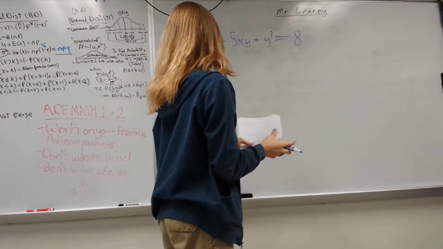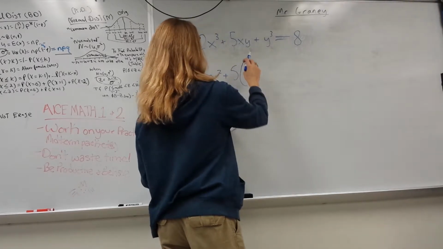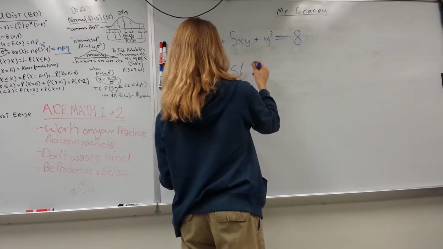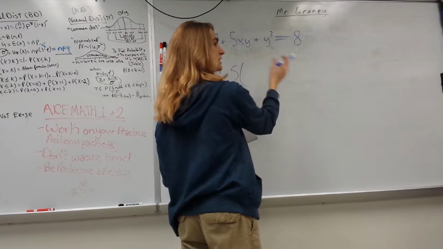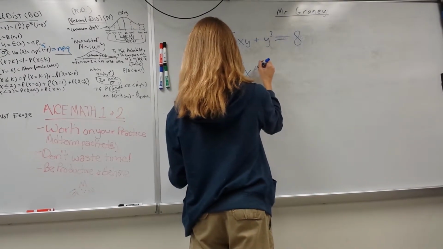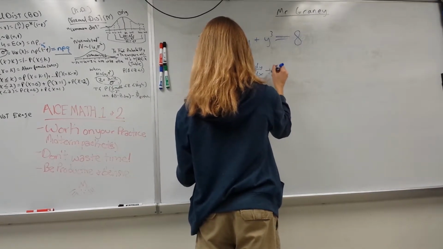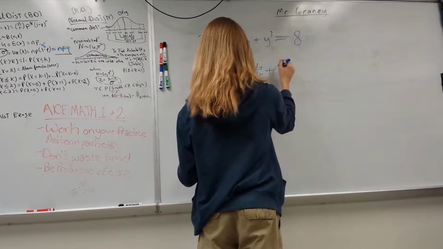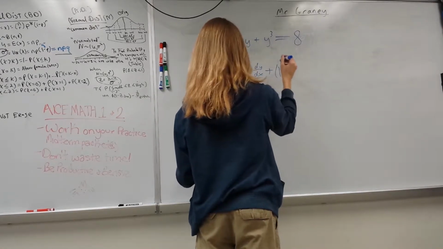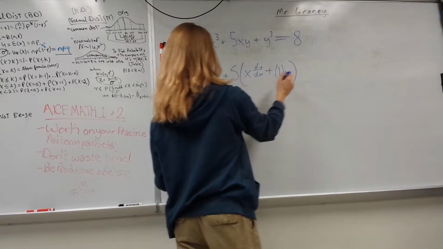So remember, implicit differentiation means there's probably going to be a product rule. So it's keep the first, derive the second, plus derive the first and keep the second, right? Yes.